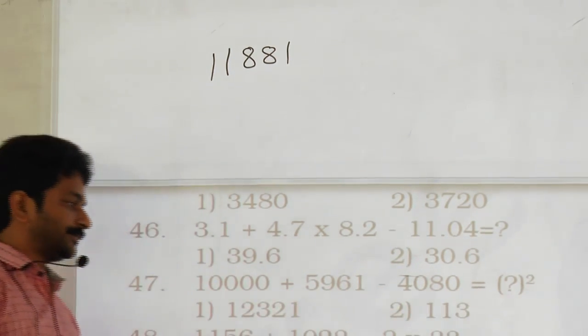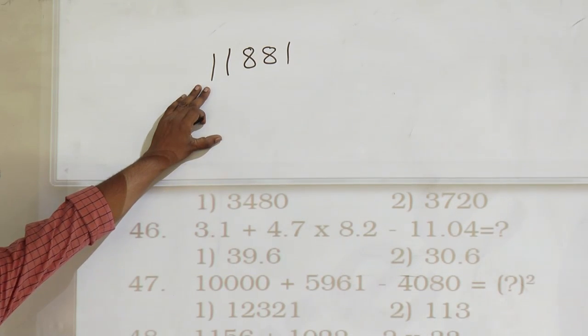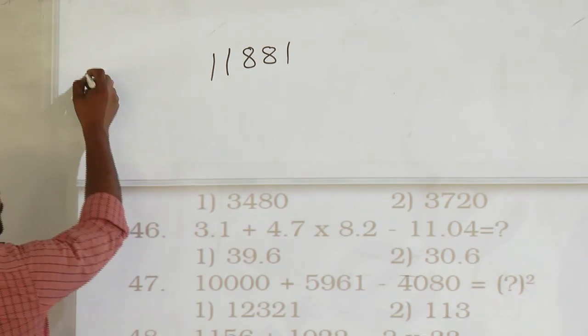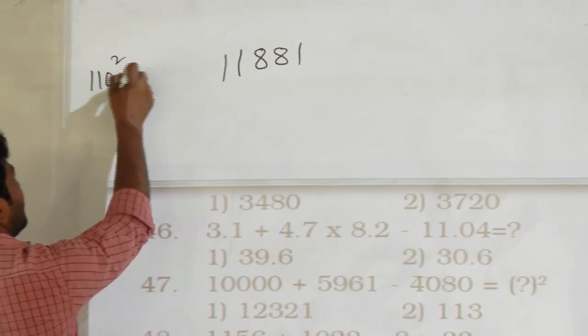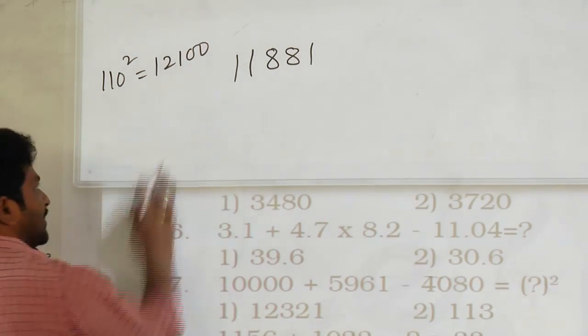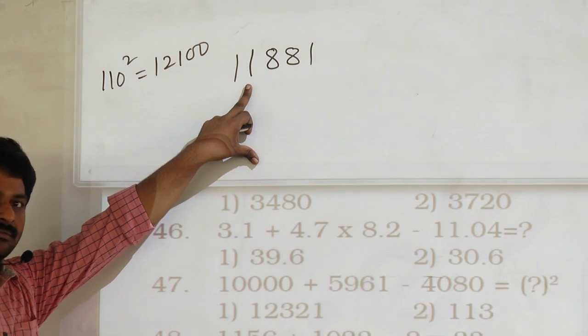Now, as this is more than 10,000, you know that this is definitely more than 100. So what is 110 square? 11 square, 121, so 12,100. You have less than this? Yes or no?